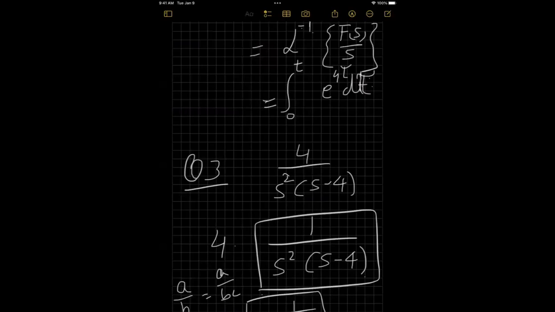Because you can rewrite this function as 4 over s squared multiplied by 1 over s minus 4, and then the inverse would just be the convolution of those two transforms, if that makes sense. Okay, continue. Try it. Okay, thank you.